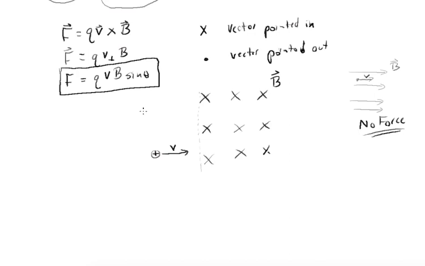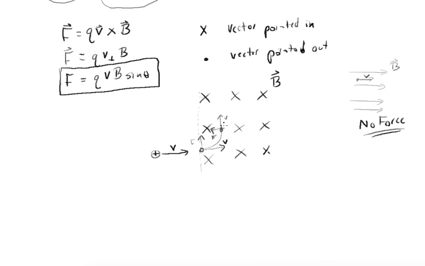And if we get a force perpendicular to velocity, think back to our centripetal motion. What's going to happen? Our particle is going to enter the magnetic field, and it's going to get turned. The force is going to be perpendicular to that direction, so this is velocity, this is force, and it's going to turn. And it's going to keep turning because up here, now the velocity is this way, and the force is still perpendicular to it.